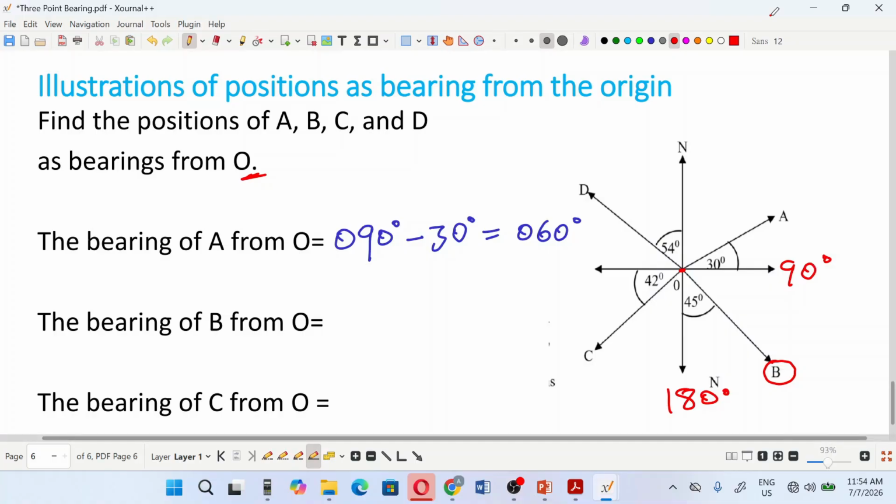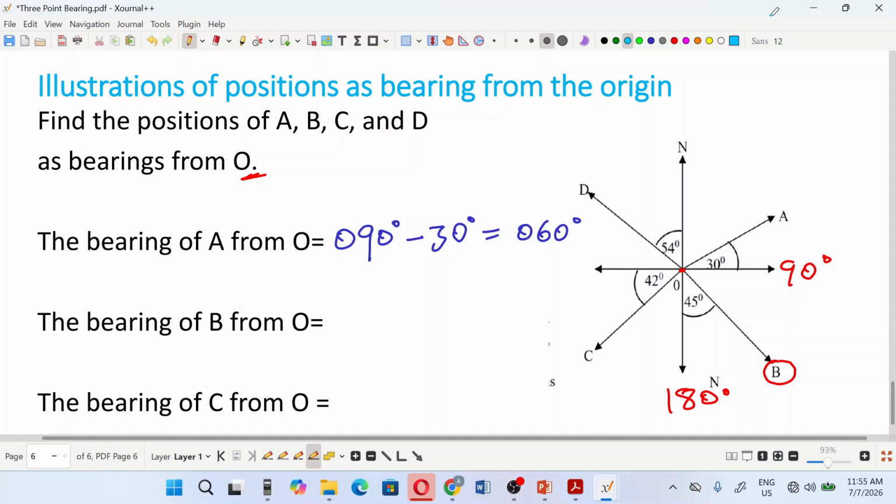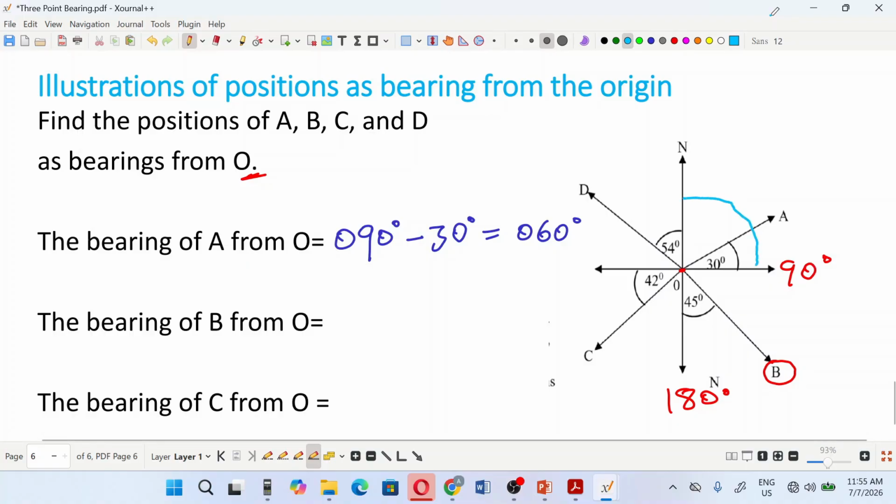So I already know that if I'm measuring from the north all the way to this point, it's already 90. If I'm moving all the way to the second quadrant, supposing I move all the way here, this is 90, and I move here, this is giving me 180, right?